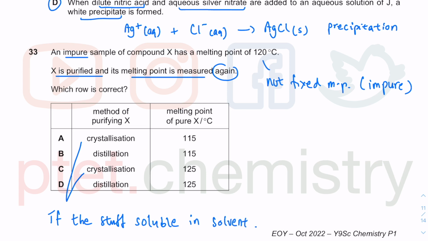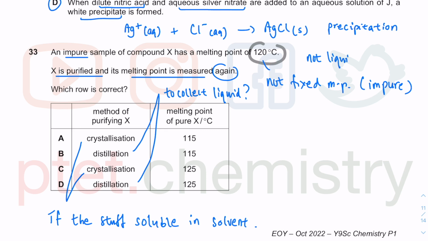And then distillation is to collect liquid. Distillation is to collect liquid, and if I think about this, it is going to collect liquid. But then you have an impure sample of compound X. This is 120 degrees Celsius. This is above 100 degrees Celsius. Okay, so this one is not going to be a liquid at room temperature and pressure.